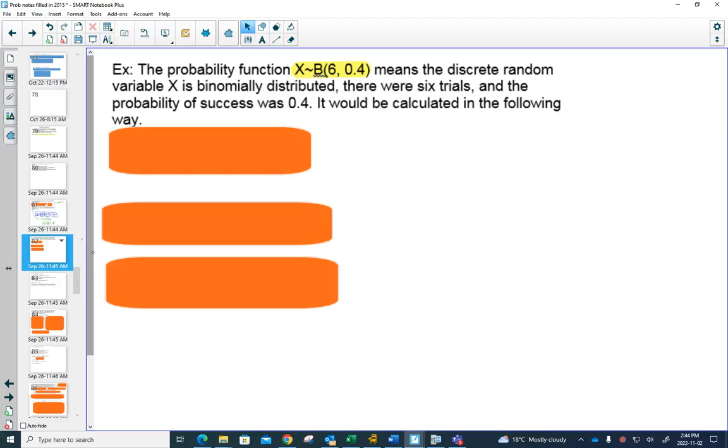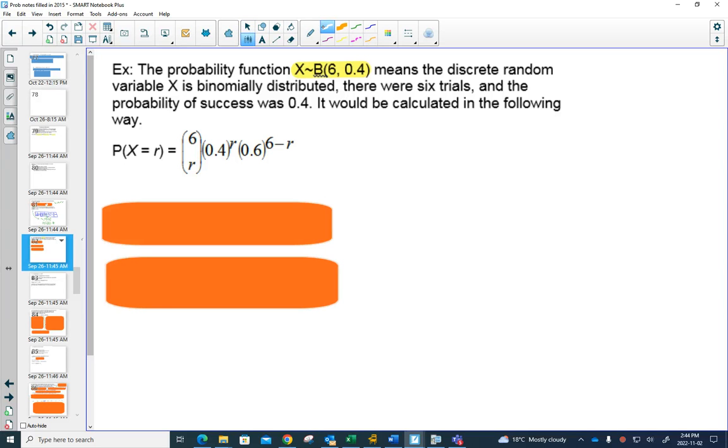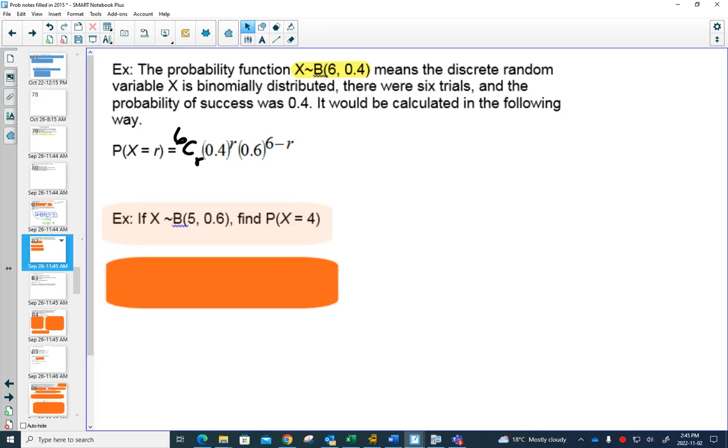How would you calculate each and every event? Well, and again, I'll change this to our new notation. Six choose r, 0.4 to the r, and 0.6 to the 6 minus r.